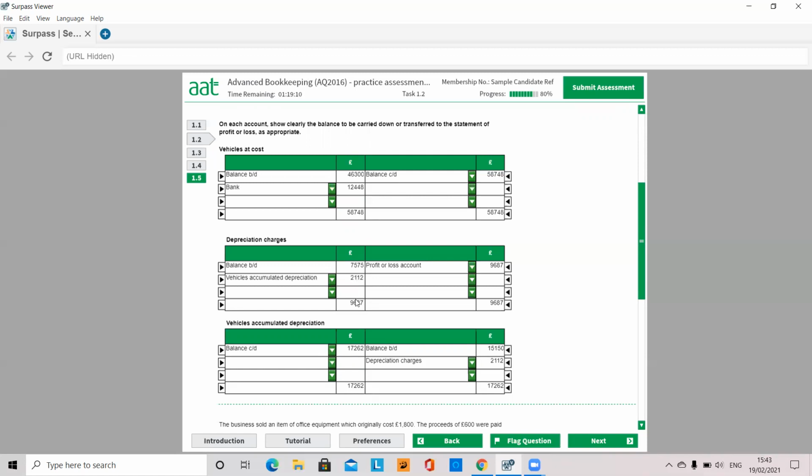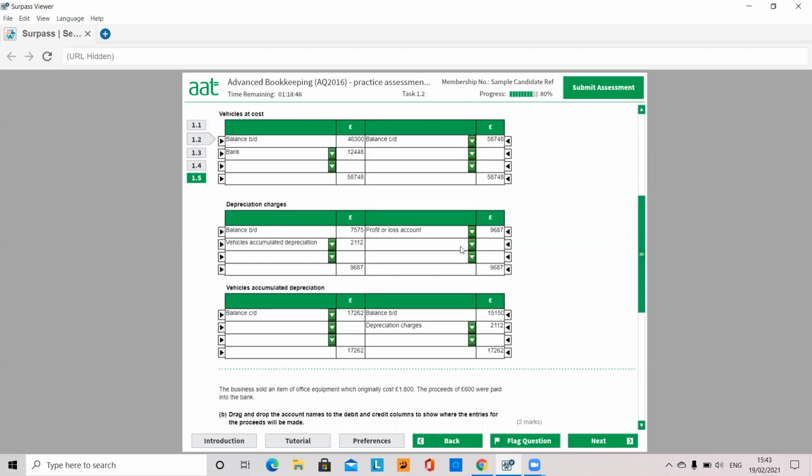So now our depreciation charges for the year so far are 9,687. That's the figure that goes into our P&L. It's not carried down because we're doing it at the end of the year, and it tells us what's going to be transferred into the statement of profit or loss. So 9,687 is the figure that goes to the P&L.